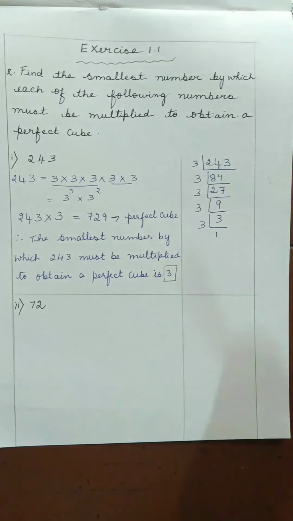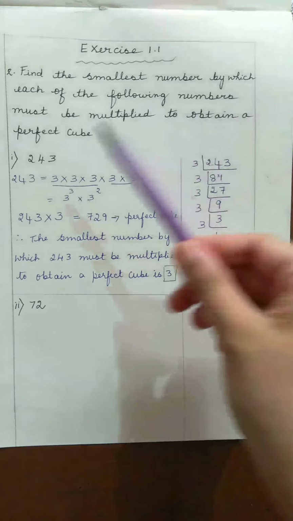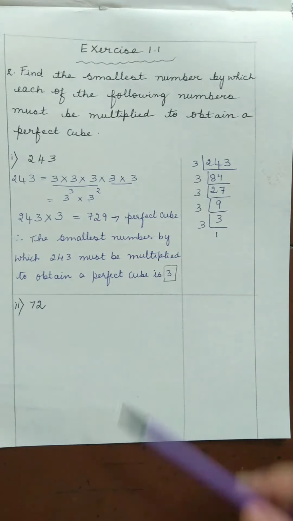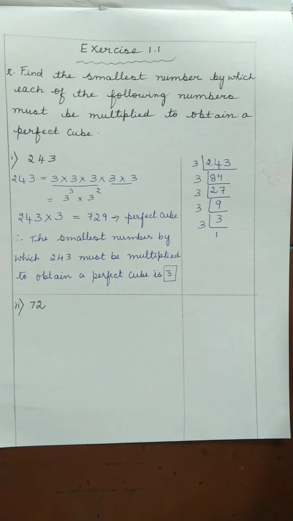Then take that number which does not appear 3 times and multiply it to the given number. When you multiply, you will get the perfect cube. Then the answer is the smallest number you multiply to the given number to obtain a perfect cube. This is the first question.